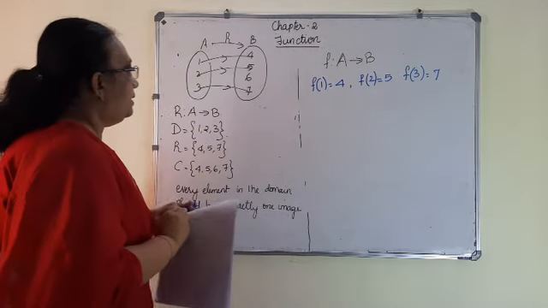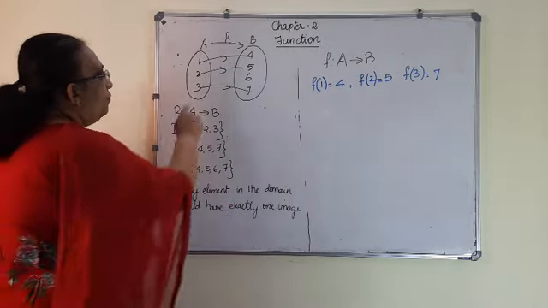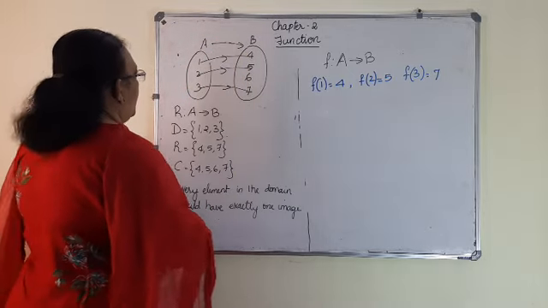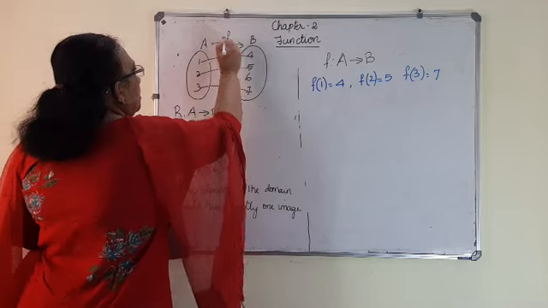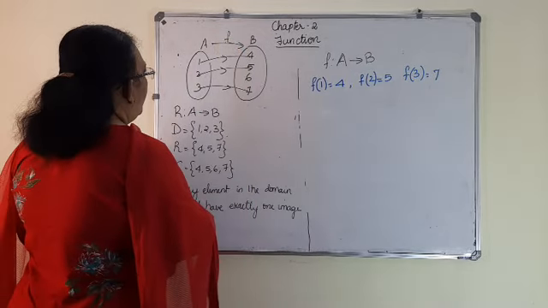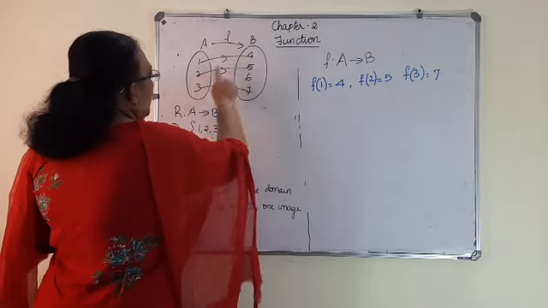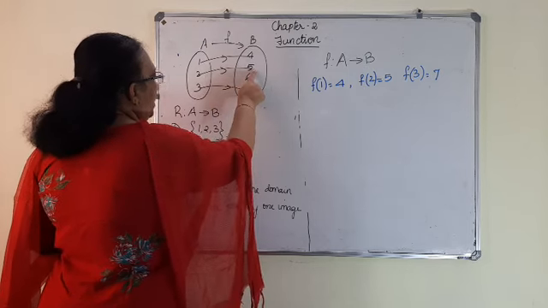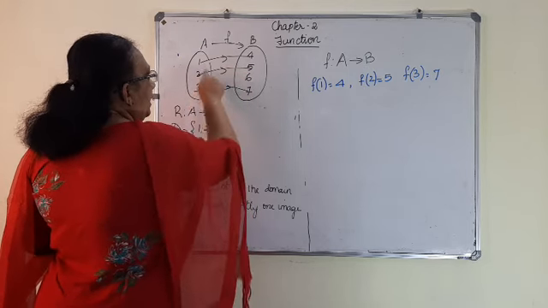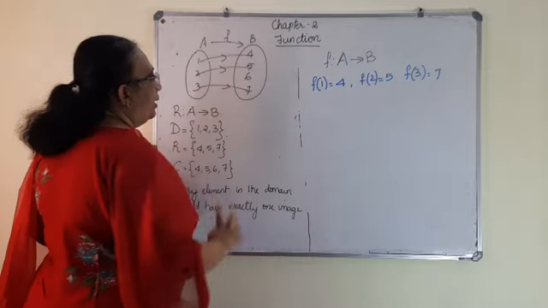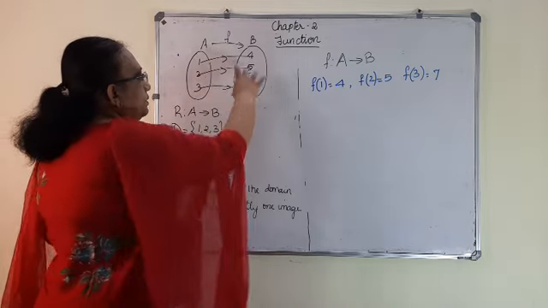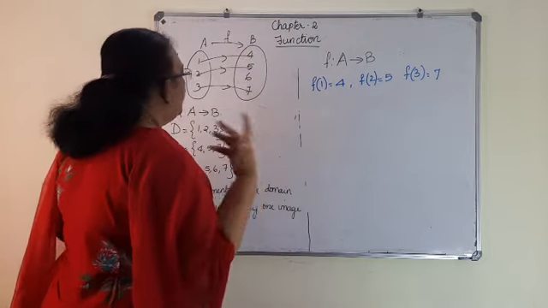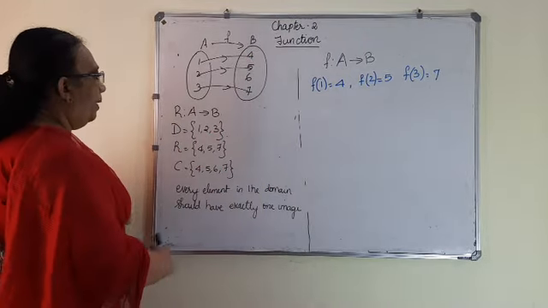So the image of 1 under the function f is 4, the image of 2 under the function f is 5, and the image of 3 under the function f is 7. These images 4, 5 and 7 are also called the range set.